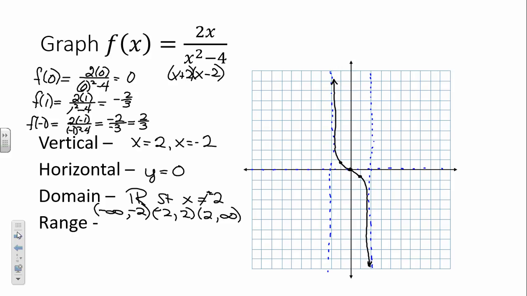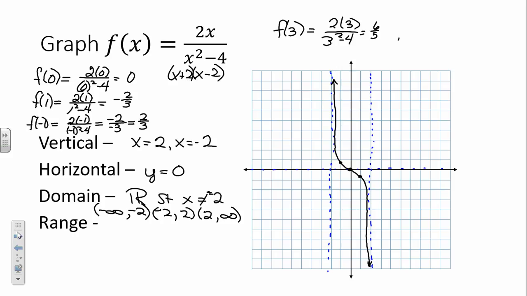Okay? When we plug in 3, we'll have 2 times 3 over 3 squared minus 4. 2 times 3 is 6, right? 6 over 3 squared is 9 minus 4. So 6/5, right? Give myself some space.